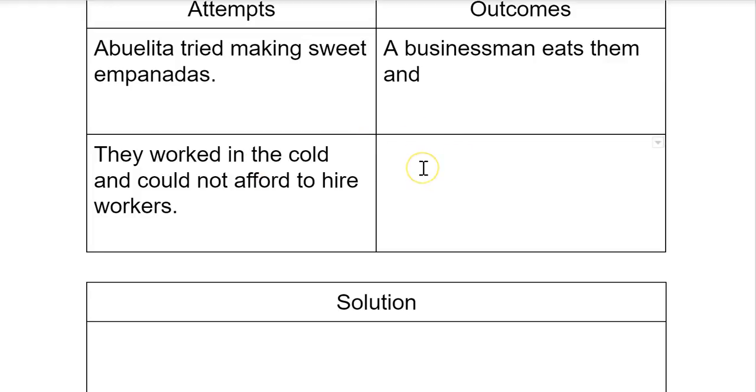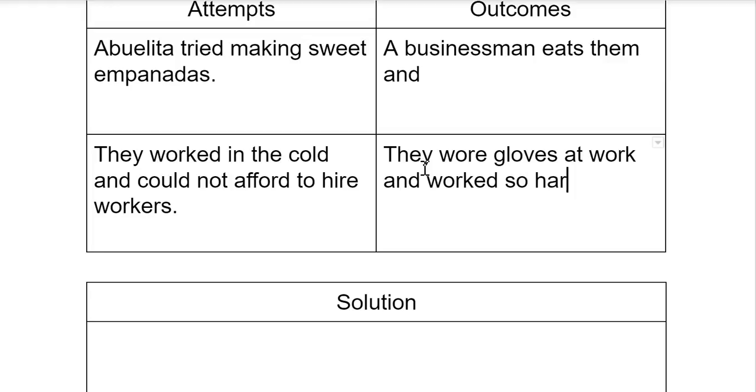So, because it was so cold and they couldn't afford to hire workers, what was the outcome? What did they do? They wore gloves at work and worked so hard they hobbled home at night.